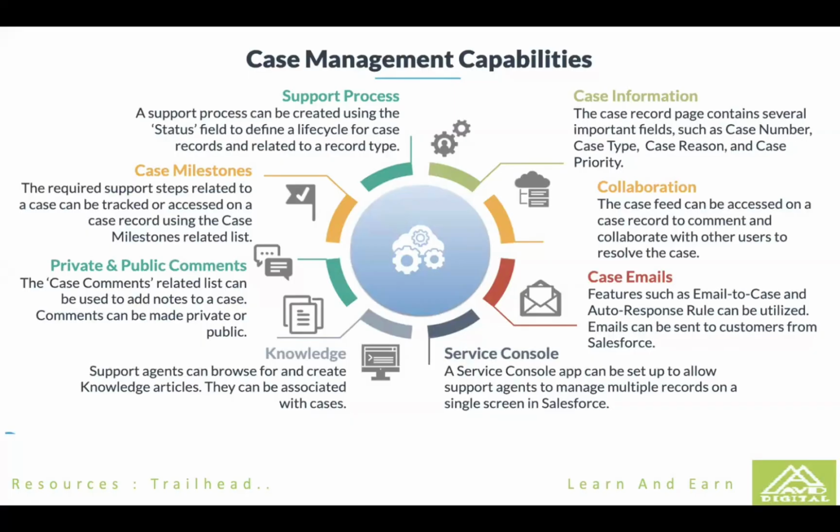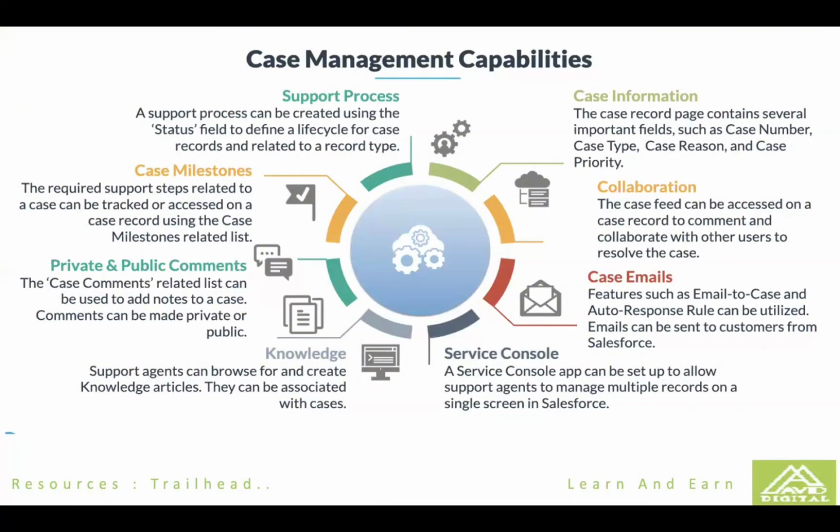When you are having a case coming from installation, you might have a case record type for installation. Any case coming from production, you must have a case record type for any cases coming from production. As all those cases are coming up, what do you do when you configure it?